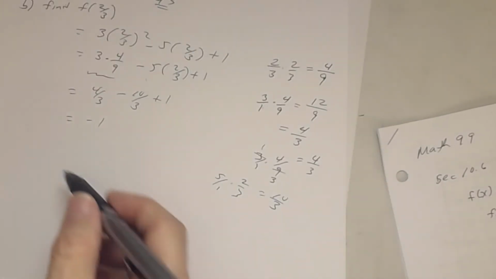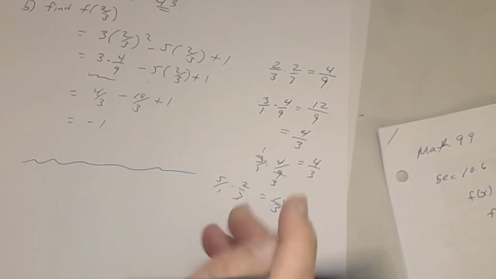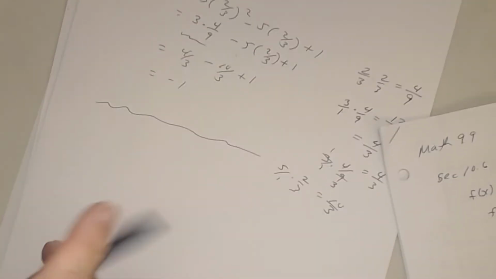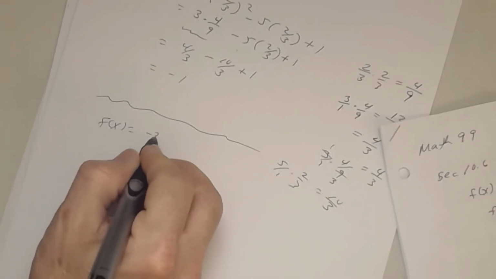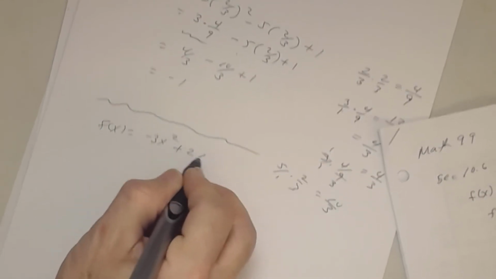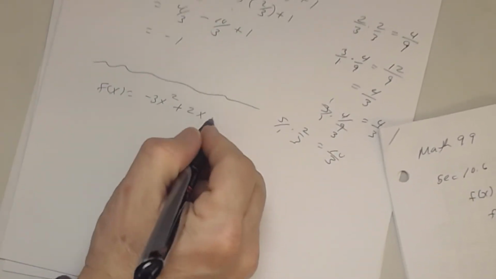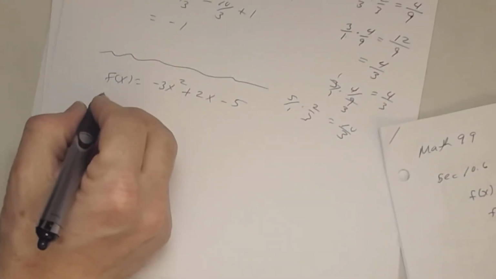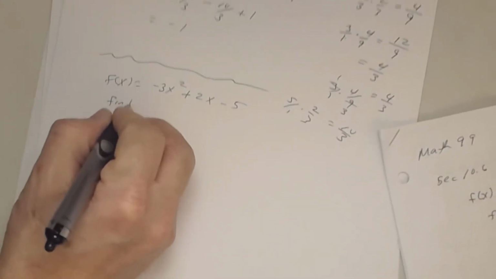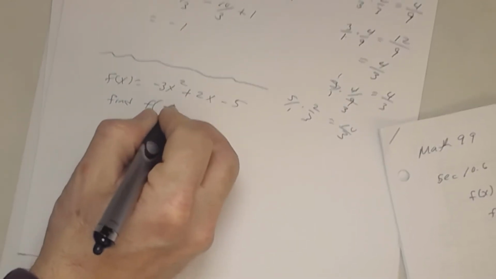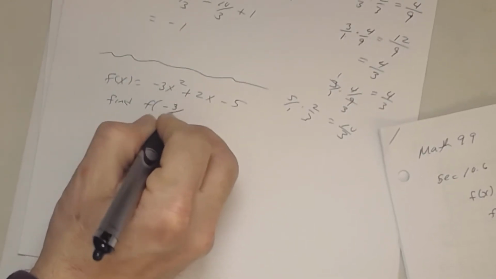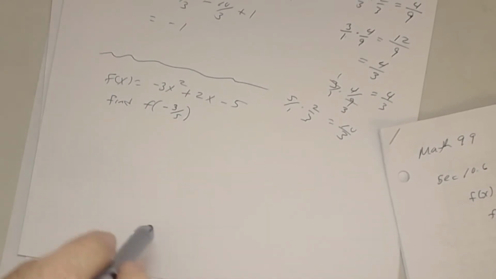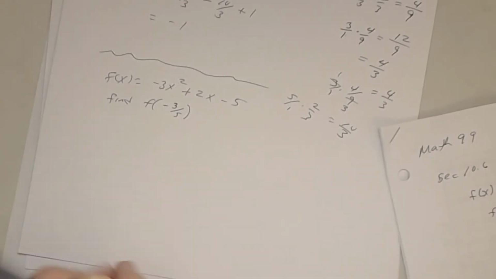Now, let's suppose you had this, though. All right, suppose we had f of x equal -3x squared plus 2x minus 5. And let's suppose this time we want to find f of -3 fifths.